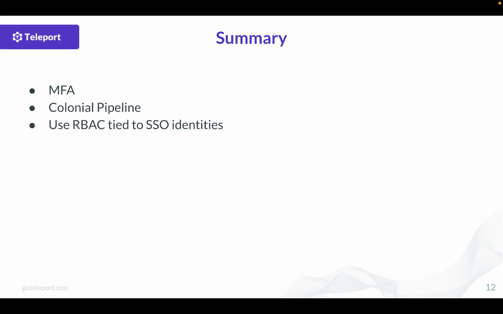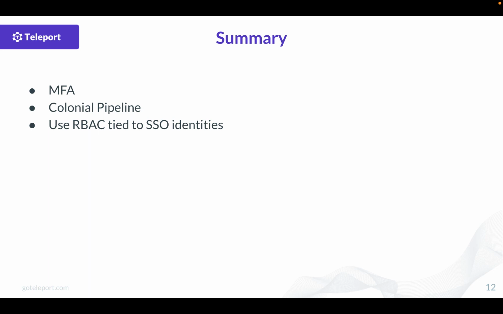And then use SSO, tie role-based access control to your identities within SSO, and really use SSO in order to grant access to anything within your organization, applications, servers, Kubernetes clusters, everything.